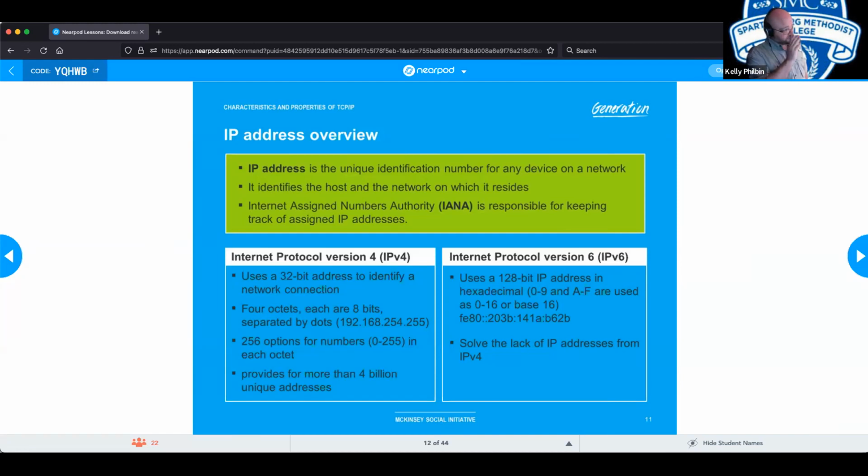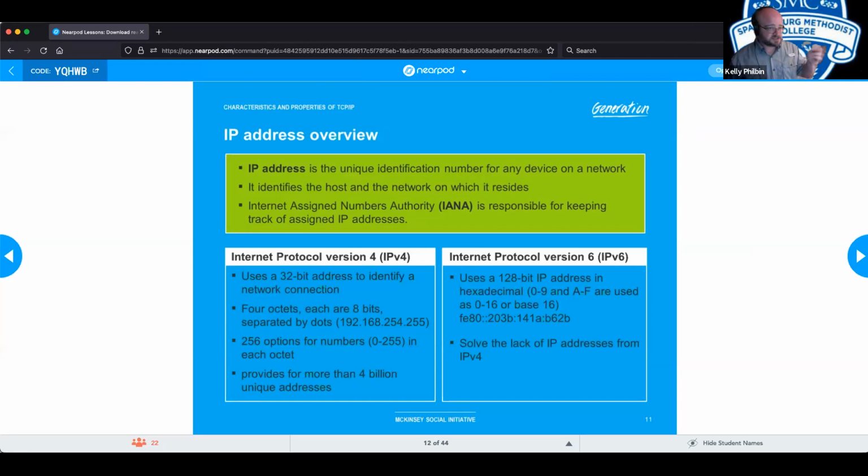And this is where the hexadecimal piece comes into play, where every nibble in an IP version 6 address is a single character, versus IP version 4 where it goes up to 255. Because if we were trying to do this like IP version 6, how would we know the difference between an 11 and a 1-1?